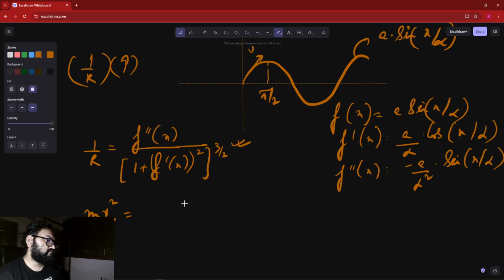When it has reached the maximum value, it is equal to the frictional force between the road and the tire, right?